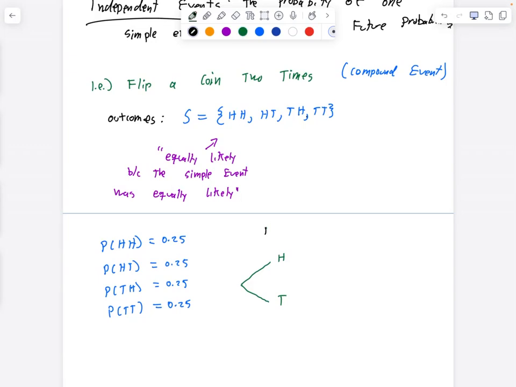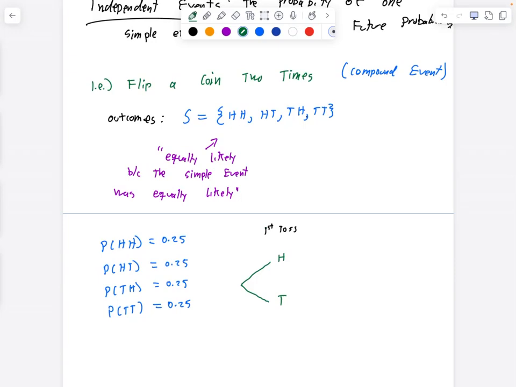So if it came up heads and I flip a coin again, what are the outcomes for the next simple event of flipping a coin? It's still heads, tails. And if it landed on tails, the next outcomes could have been heads, tails. Okay?